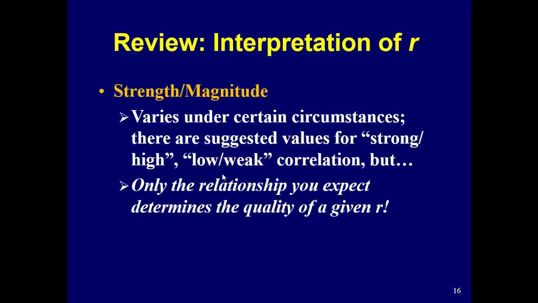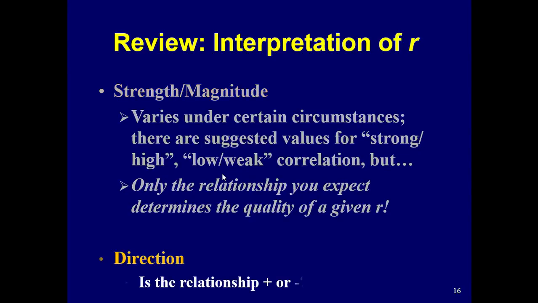So once again, two major attributes with regard to the interpretation of correlation: the strength and the magnitude, as well as the direction. How strong we say a correlation is really is kind of arbitrary, in that some correlations are strong, some are weak.